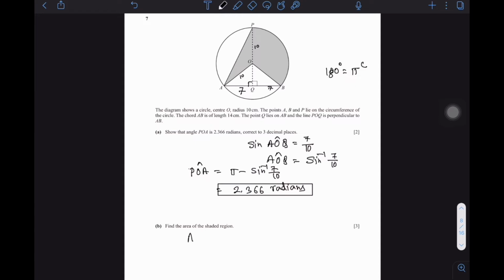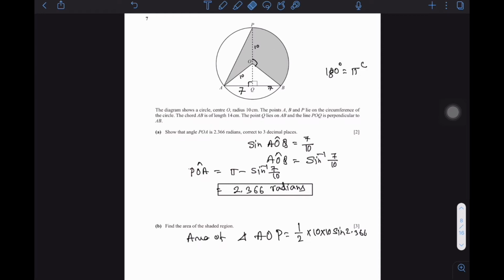So area of triangle AOP equals half AB sin theta, 10 into 10 sine 2.366. Since this part and that part are both the same, this angle will also be 2.366.